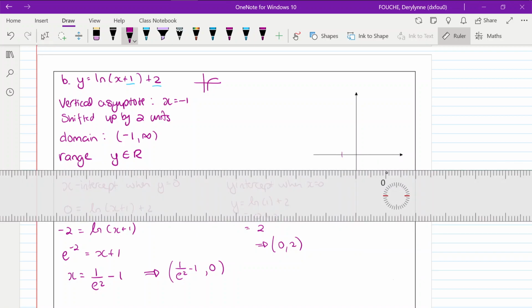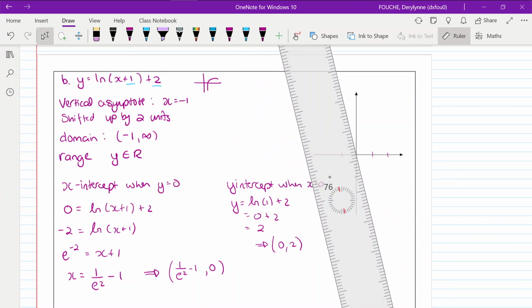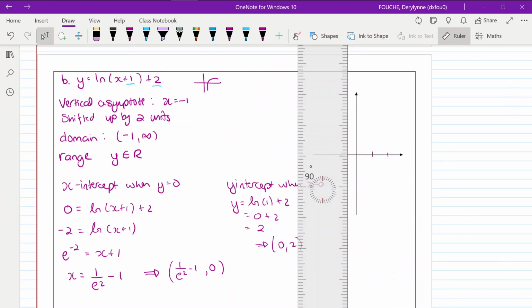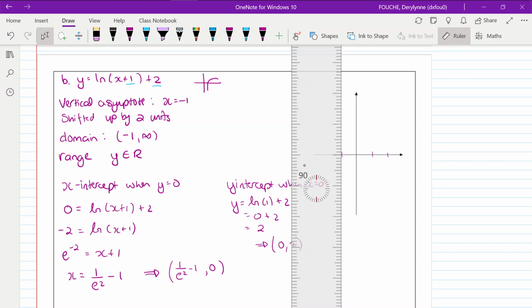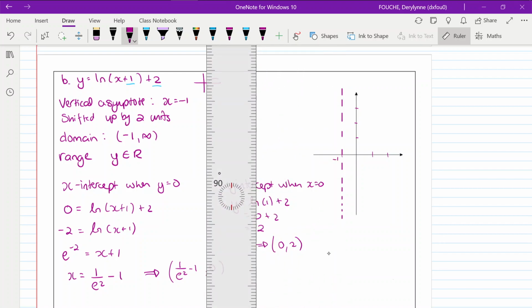I'm going to put -1 there. Okay, there's my asymptote. X equals -1.